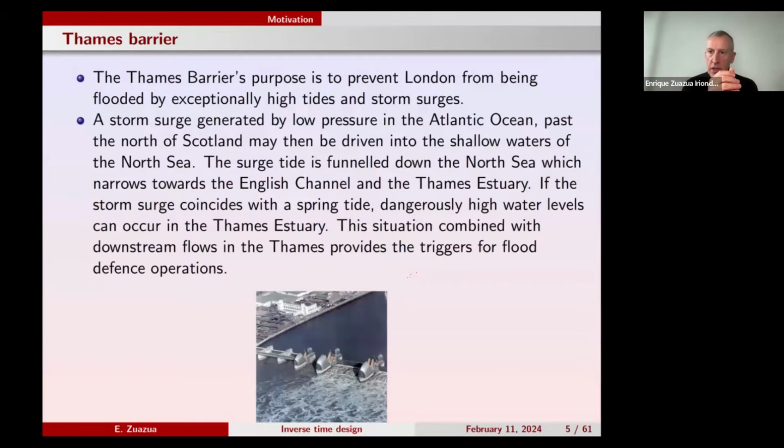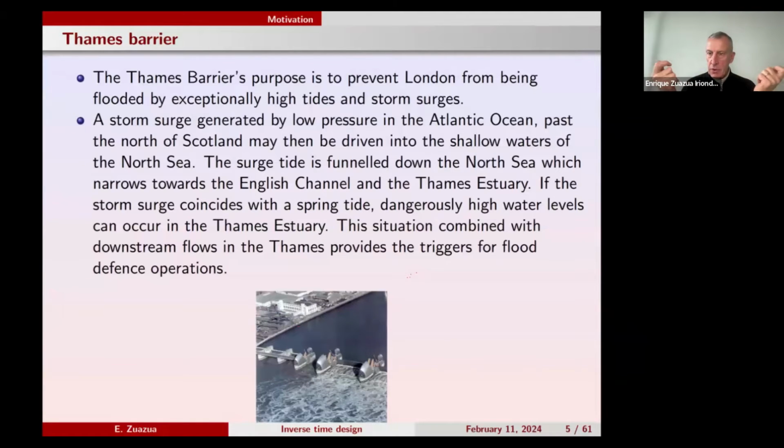Of course, closing this barrier is not for free. Whenever they decide to close this barrier, this will stop traffic of ships for 1 or 2 days, and this induces tremendous commercial loss, right?